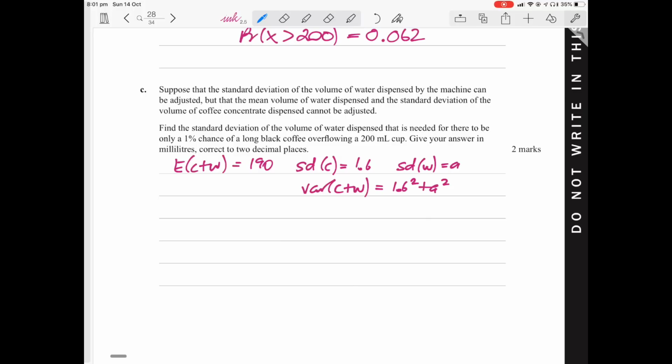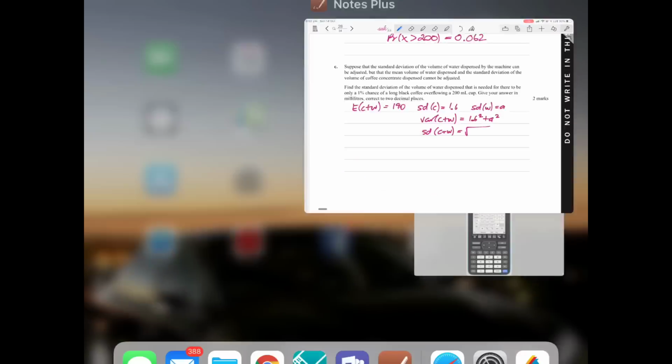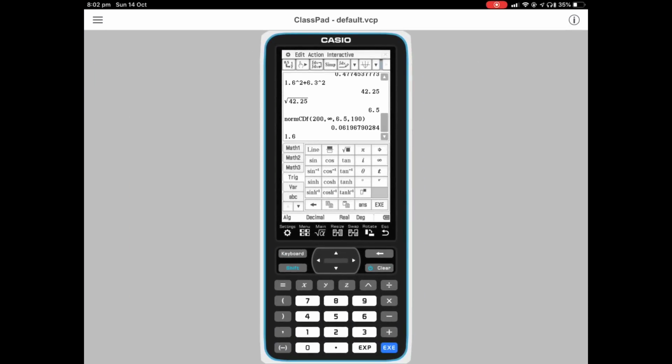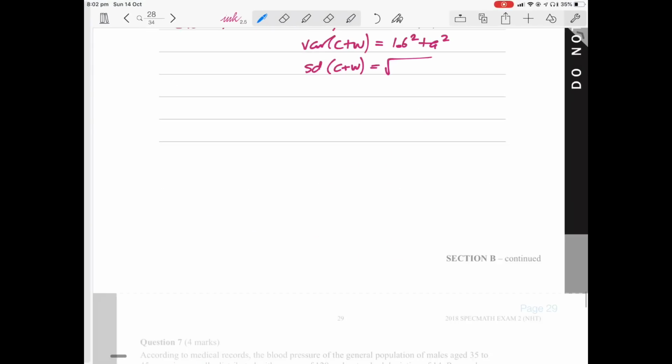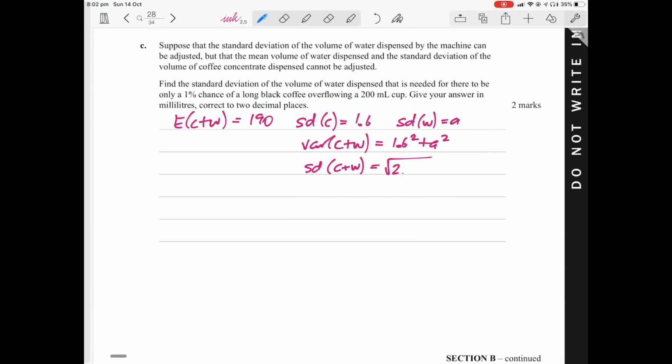So the standard deviation of coffee plus water is the square root of 1.6 squared, 2.56, plus A squared. So that's my standard deviation.